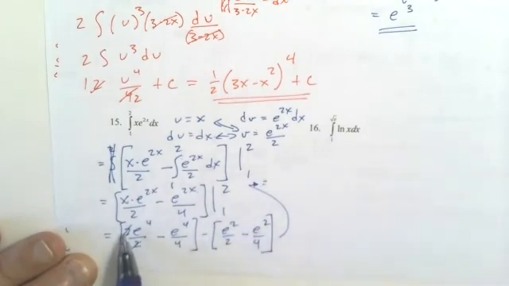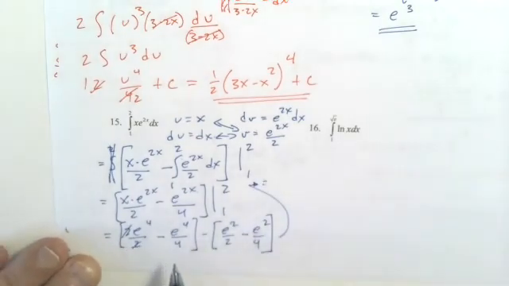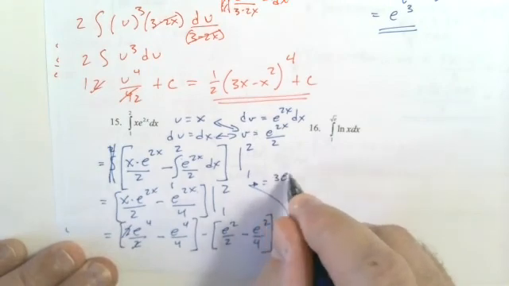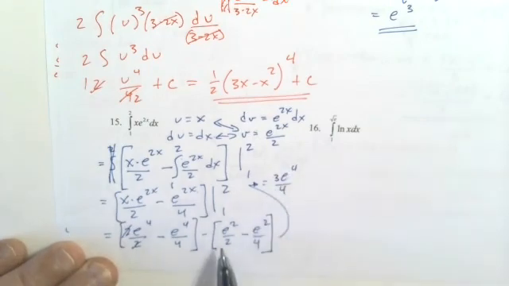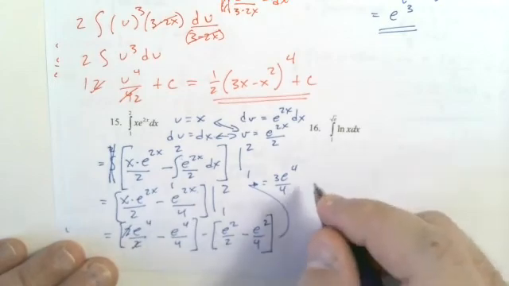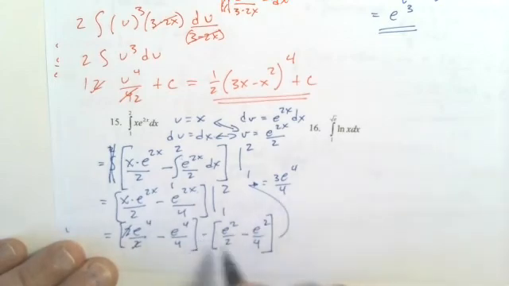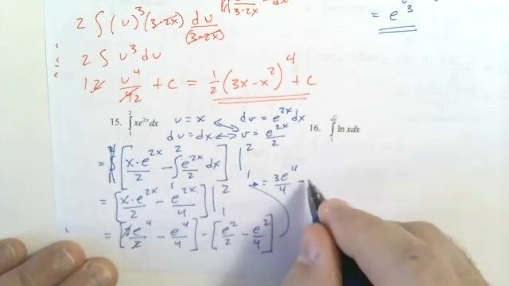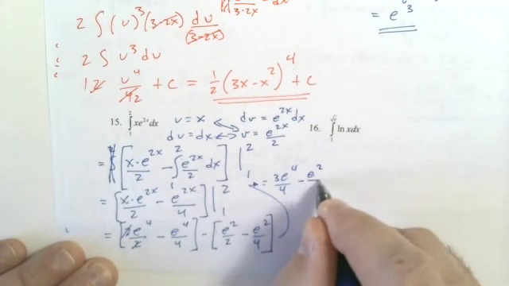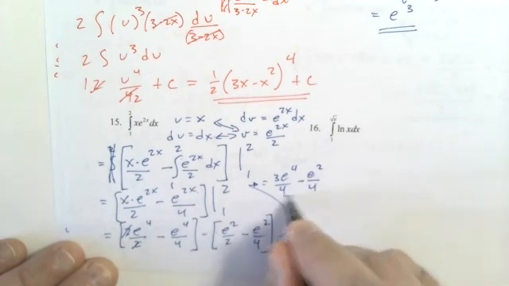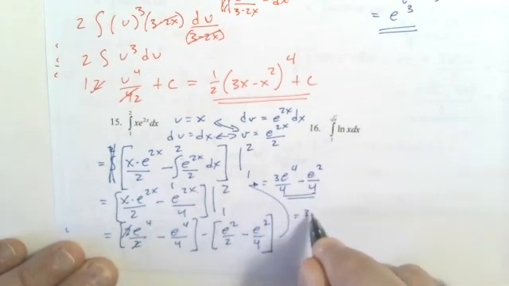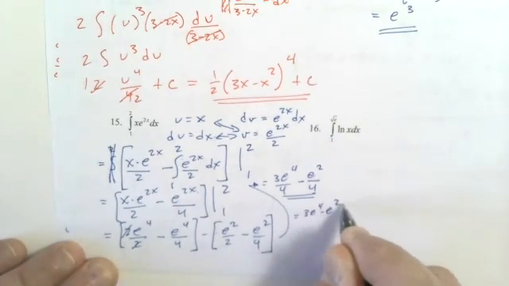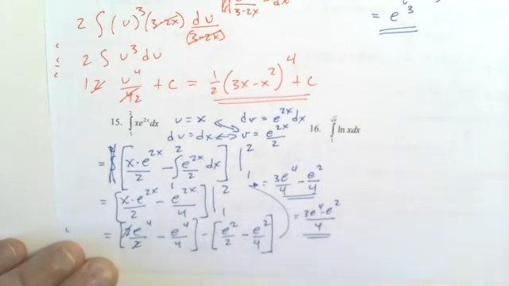All right, 4 e to the fourth minus e to the fourth over 4 is 3 e to the fourth over 4. 2 fourths minus 1/4 is 1/4, and it's minus 1/4. Yep. So there's an answer. You could also do this. Either one is good.